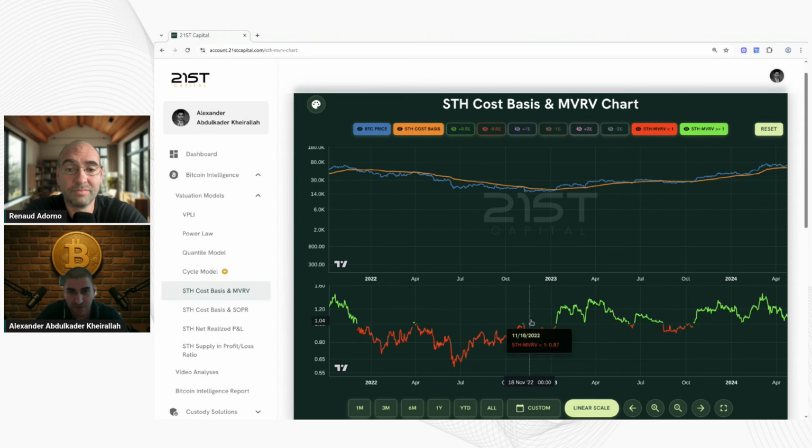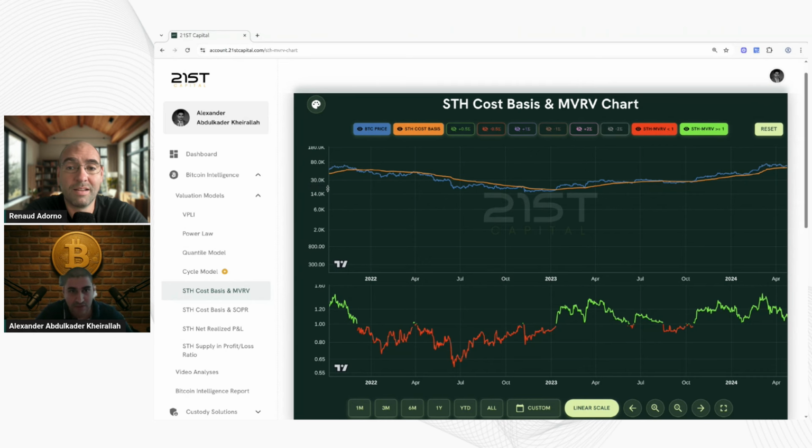So the MVRV is really just a reflection of that. Whenever we see an MVRV that is above 1, that means that the short-term holders are sitting on profits, even though they might not be realized profits per se, but they are sitting on profits. On the other hand, if the value is below 1, that means that they are sitting on losses.